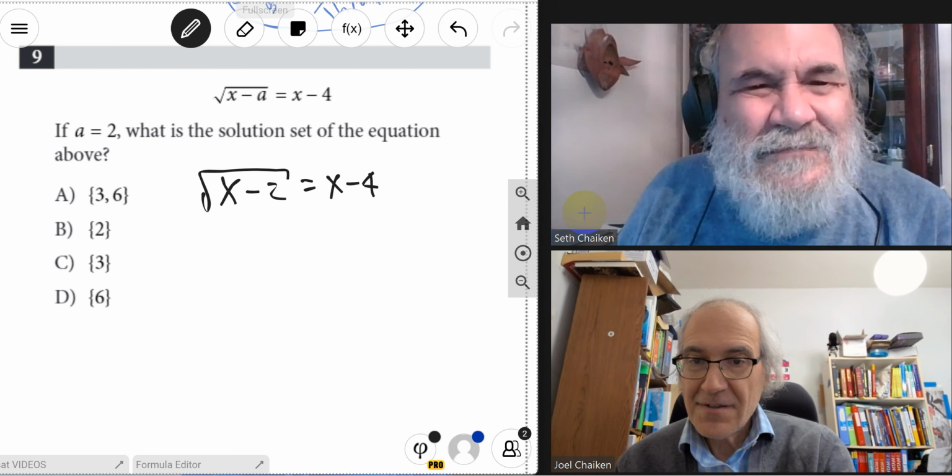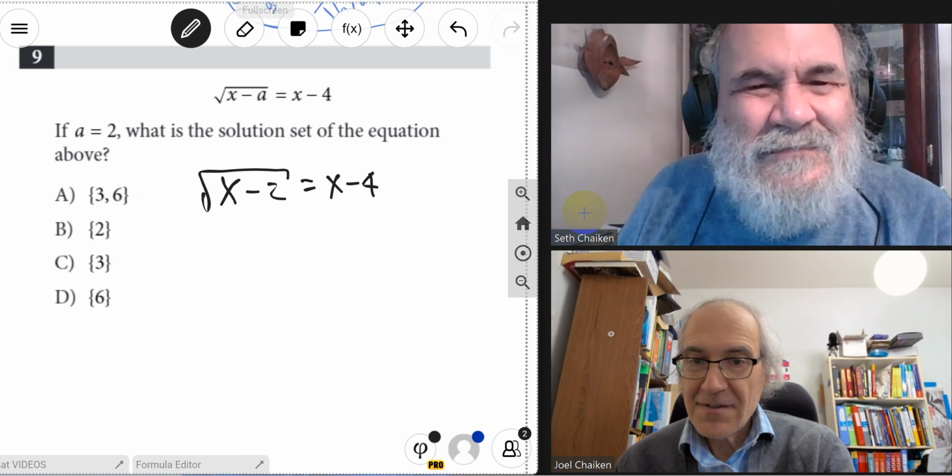Well, my first reaction is that this is stated differently from the typical question, what is the solution to the equation above?